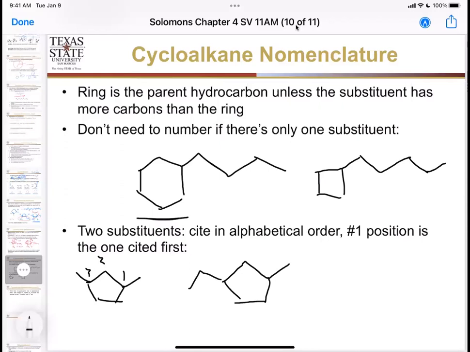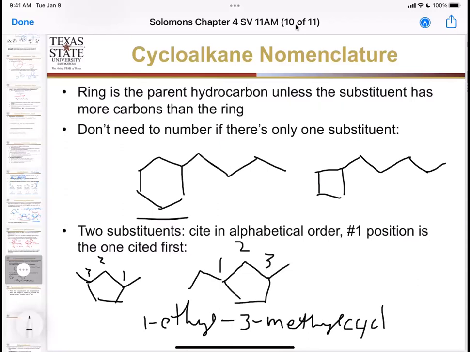So we get both numbering and alphabetization in the same rule. That's pretty cool. So this is going to be 1, 2, 3. So this would be 1-ethyl, and we have to put the 1 because we have more than 1 number. 2,3-dimethyl cyclopentane.